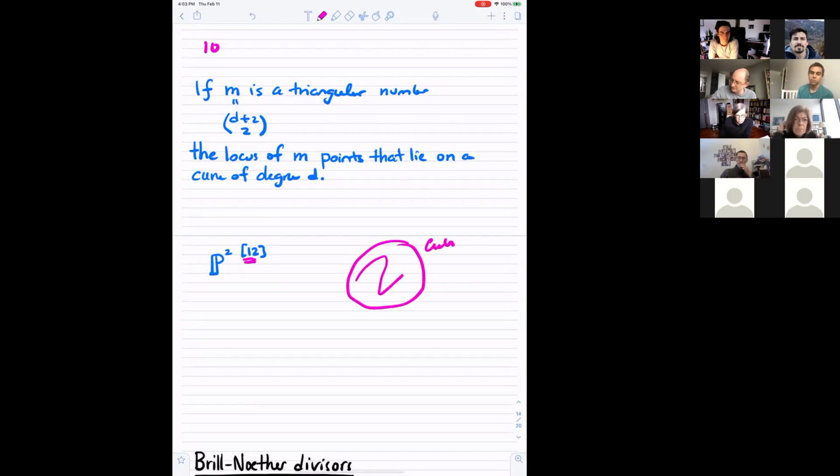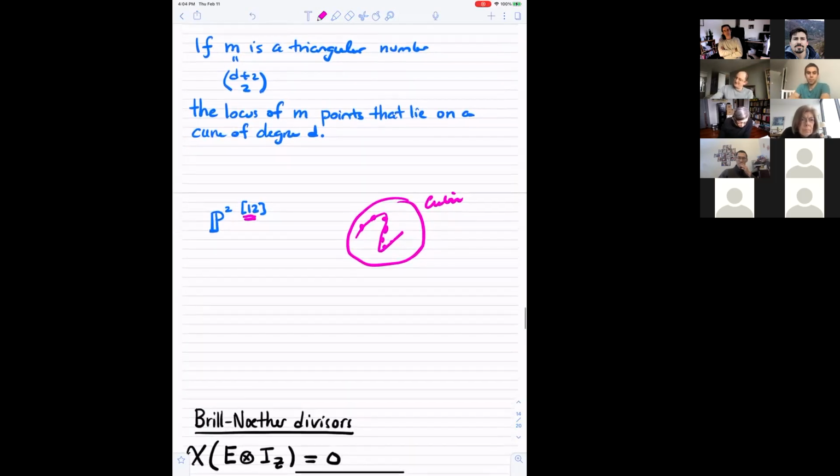You see, the problem with that is that it's not a codimension 1 condition, because 9 of the points determine the cubic, so to say that the remaining 3 points lie on the cubic is codimension 3. It's not codimension 1. Okay? But that's a good guess. That was my first guess too. It turns out that it's not so easy to guess what the answer is. So let me maybe tell you the answer.